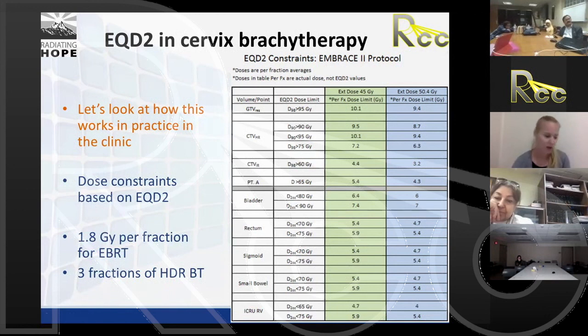I know a lot of departments in the US treat 4 fractions of brachytherapy. Where I am in Australia, we treat 3, and that's fairly standard in Australia. If you can treat patients safely with fewer fractions, then that's okay from a resource perspective, as long as you're calculating the EQD2s properly and giving the right doses.